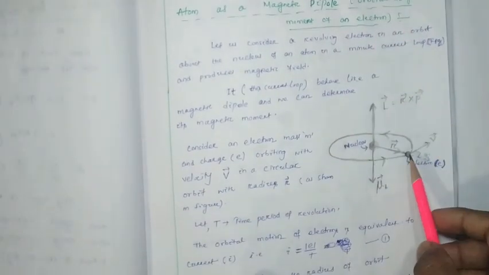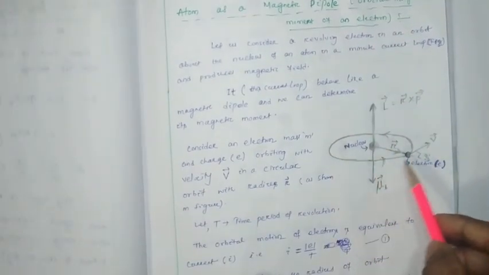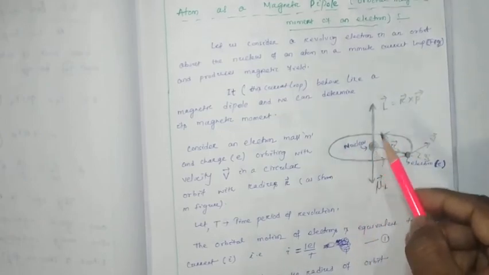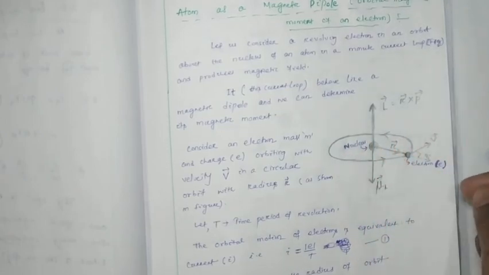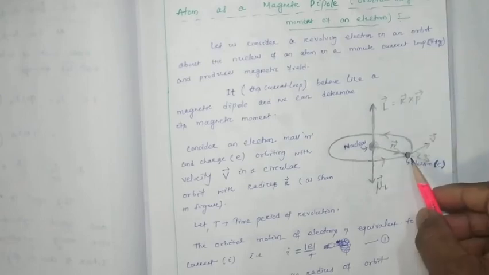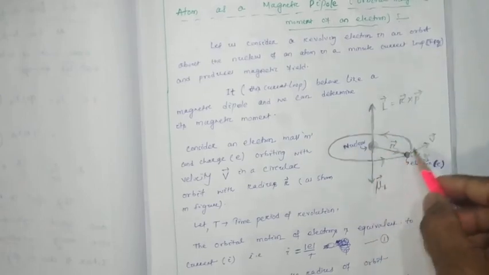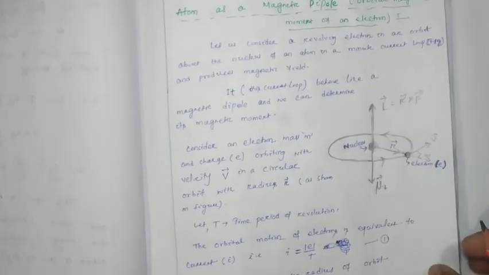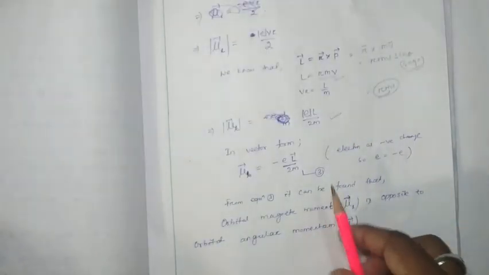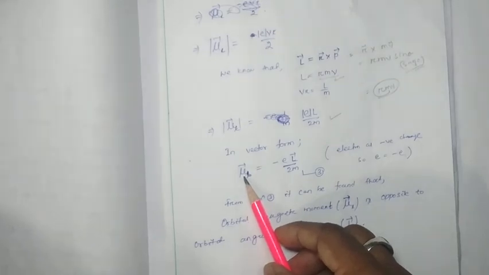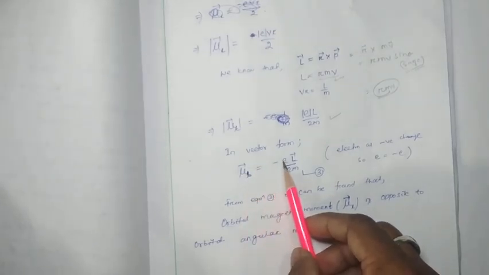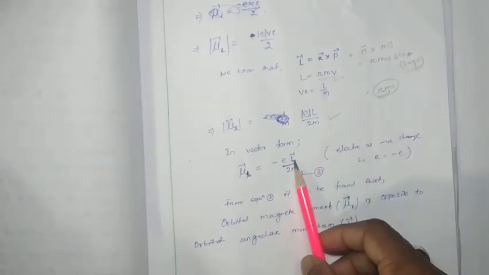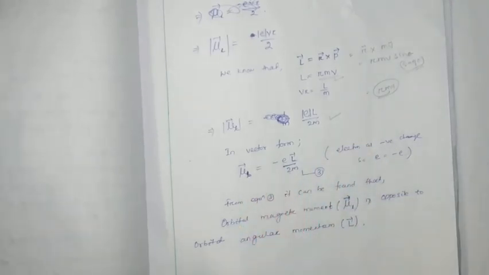When the electron is revolving around the nucleus, the magnetic effect produced by this revolving electron can be calculated from mu L, that is minus e L, where L is the orbital angular momentum, divided by 2m.